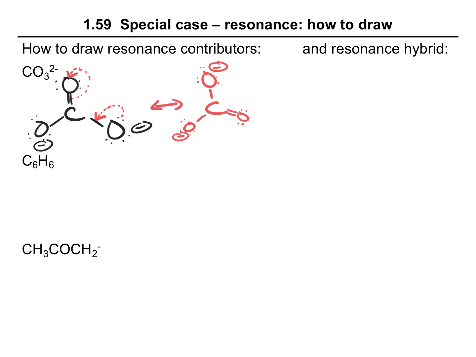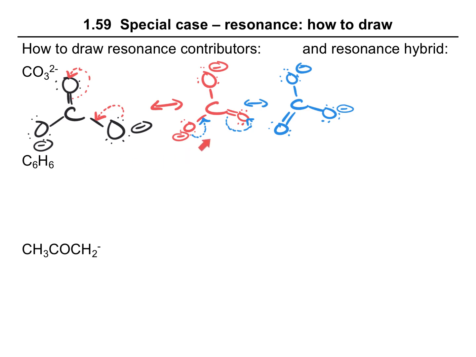Then we can draw another resonance structure. Let's imagine that these electrons move here to form a double bond, pushing these electrons up here onto the oxygen. So that gives us a third resonance structure. This one hasn't changed. Here, we now have our negative charge, and this one is our double bond.